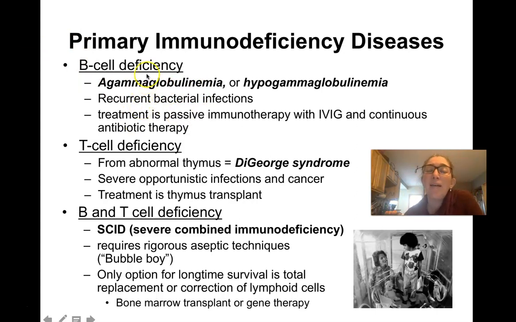So antibiotics help, but also if they need them, sometimes they can get infusions of antibodies from other people, like from people who donate blood. You can extract the serum and all the antibodies from the blood, and you can inject it in these people with B cell deficiency, I don't know, once a month or something, to give them passive immunity so that they have some antibodies circulating in their blood if they need them.